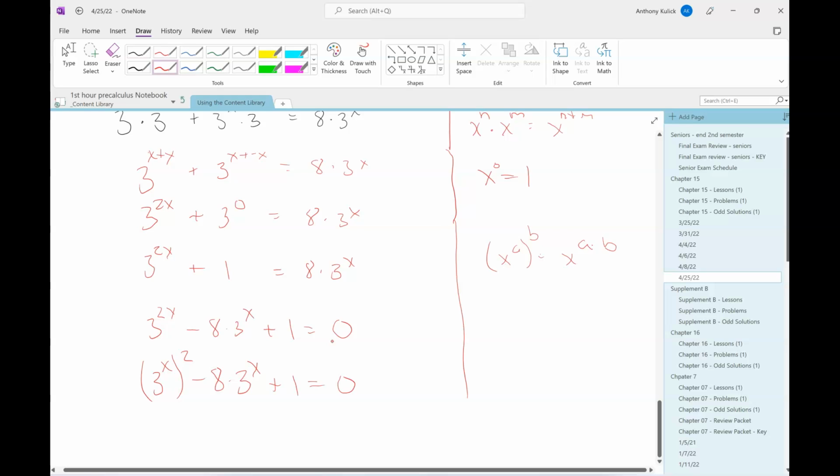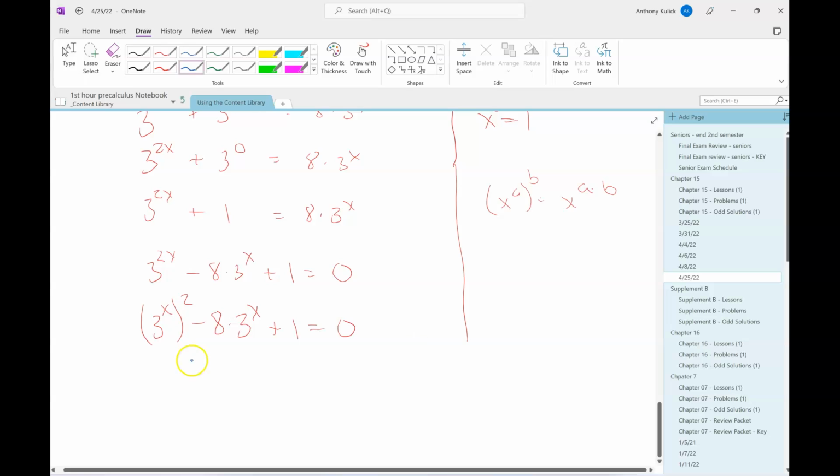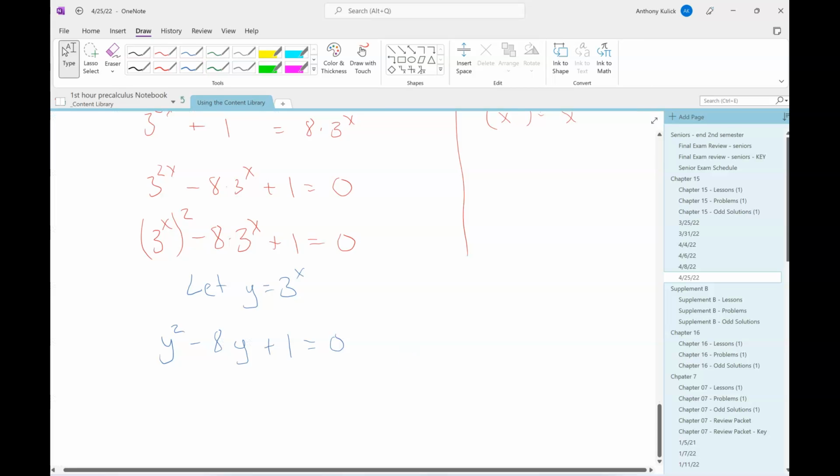And now it looks like a quadratic. And to be even more explicit, so it really looks quadratic, let's replace those 3 to the x's with y's. And now this just looks like an algebra 2 problem, right?